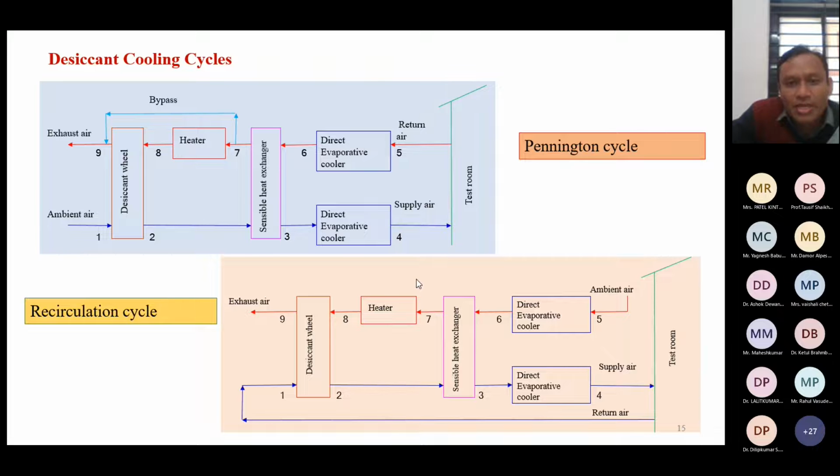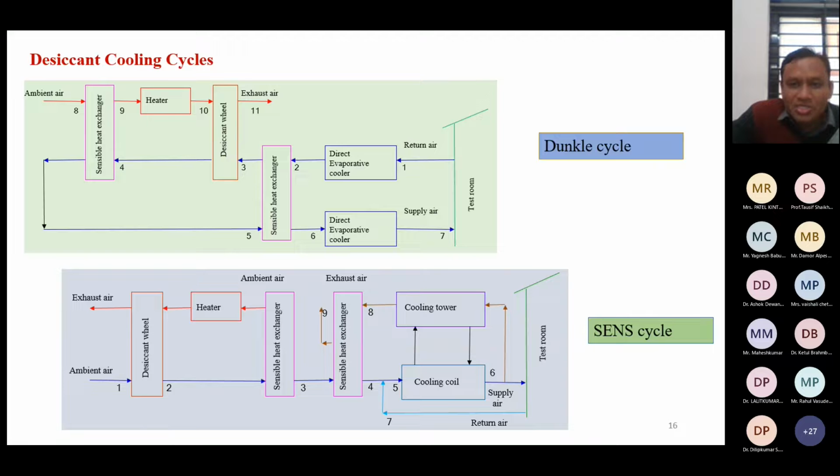This cycle was further modified and converted into the recirculation cycle. In the recirculation cycle, the room air can be continuously recirculated to the cycle. This is the basic cycle.